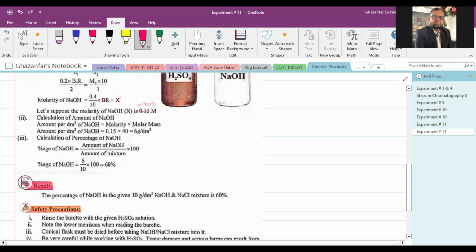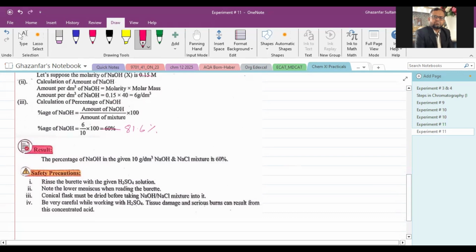And whatever we got, it was 81.6%. So our answer is, you will write the result. The percentage of sodium hydroxide in the given 10 gram per decimeter cube of sodium hydroxide NaCl mixture is 81.6%.